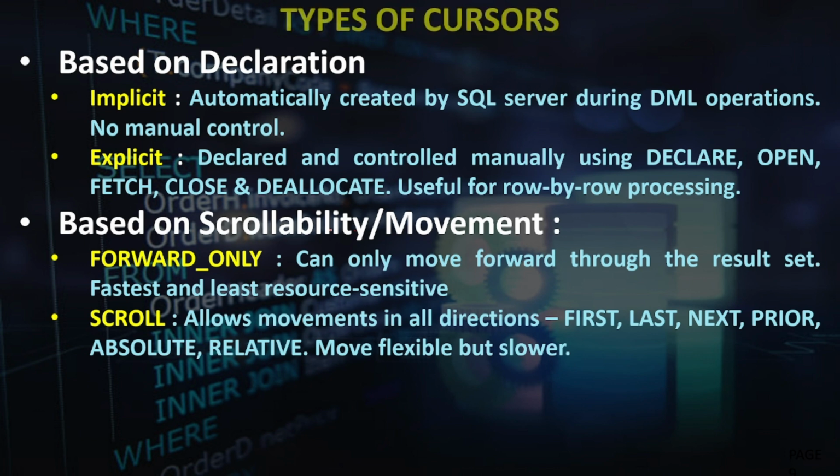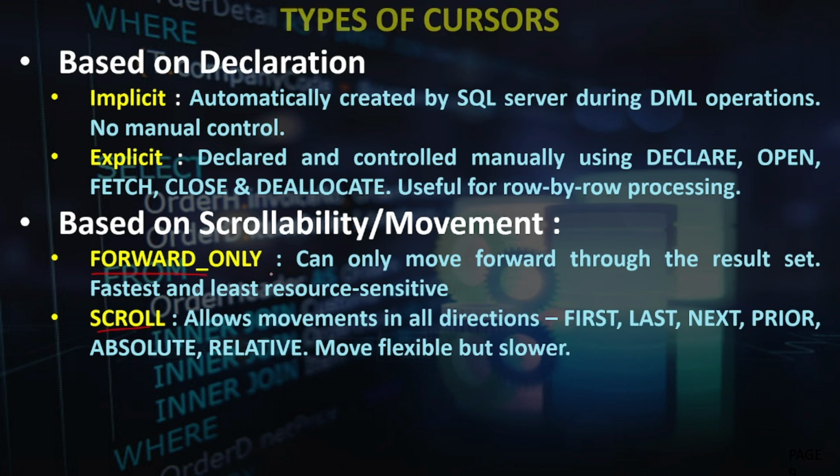That is also possible. This is called scrollability or movement: the way you move among the rows of the table, how you jump from one record to another. Based on this, there are two types, forward only and scroll.